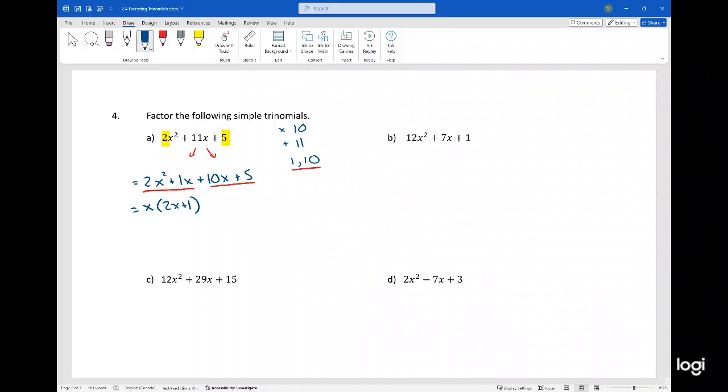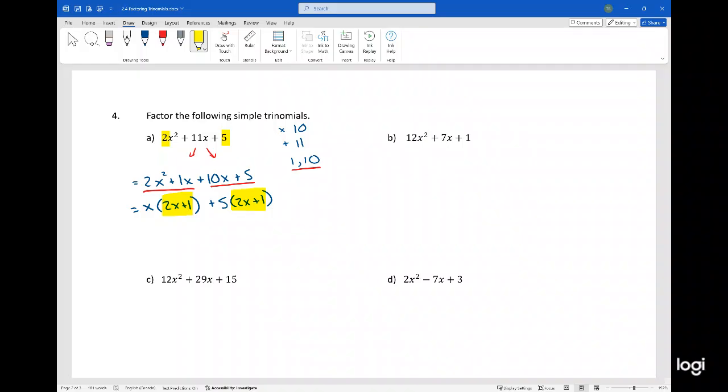And then those second two I can partial factor. I can pull out a 5, and I'm left with 2x plus 1. And if I did it right, what I have is the exact same bracket in each of them. In this case, 2x plus 1.